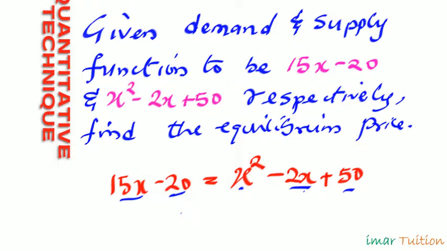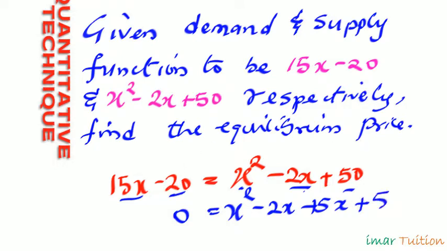So we're going to have 0 on this side, because everything on this side is going to leave to the right hand side. So we'll have x squared here minus 2x, and 15x goes across and becomes minus 15x, just like I mentioned. Minus 20 will go across to become plus 20. So we'll have plus 50 plus 20.